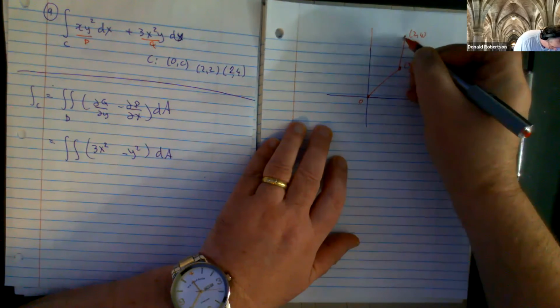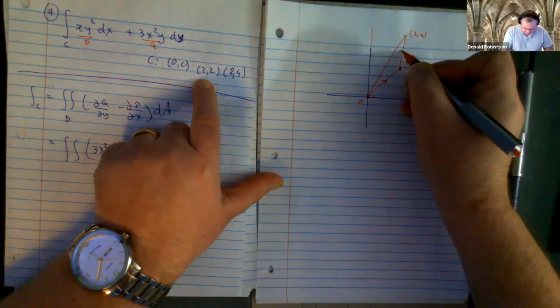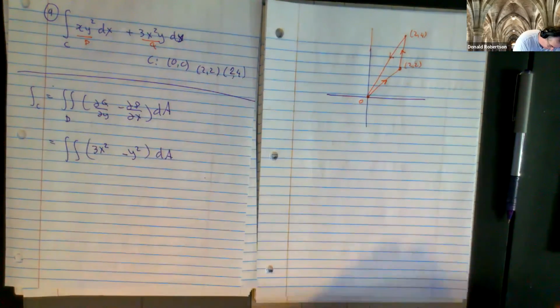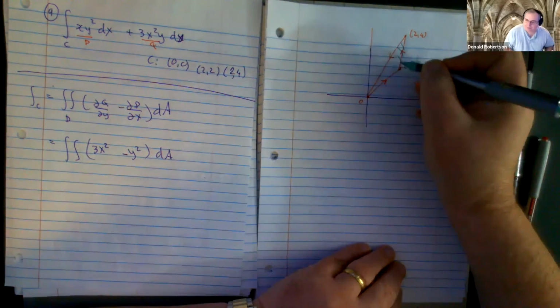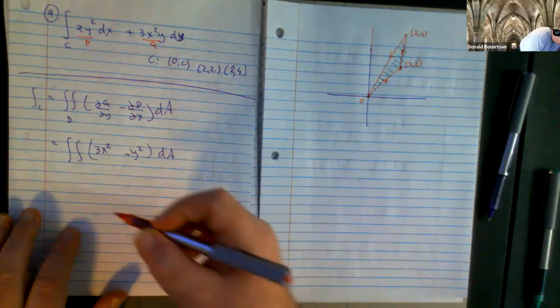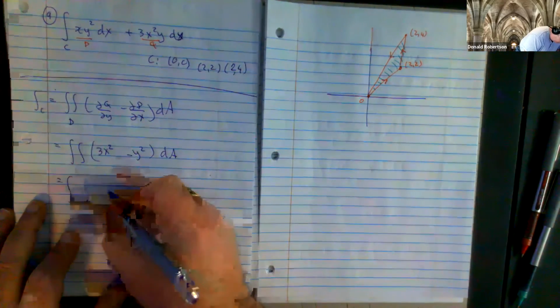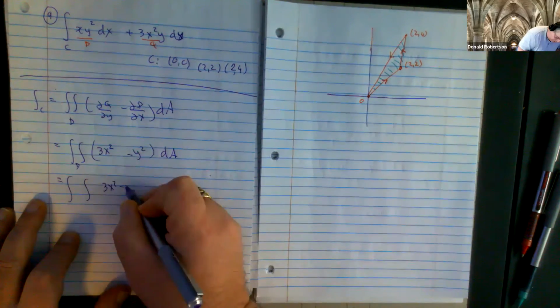And the order was there, there, there. Okay, so it's positively oriented, agreed? This guy, I've seen worse. So it's 3x squared, take away y squared.